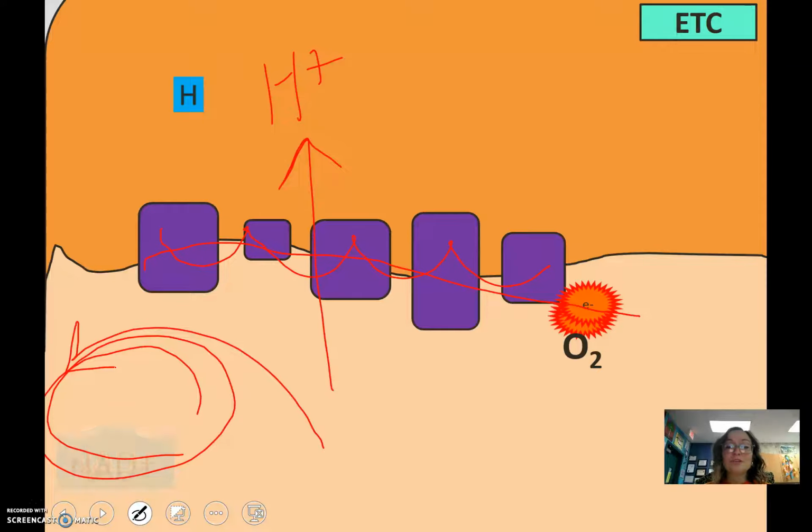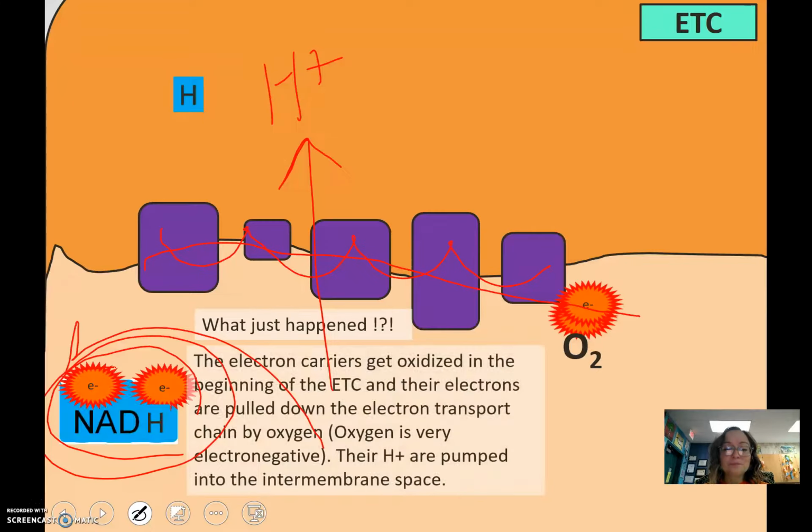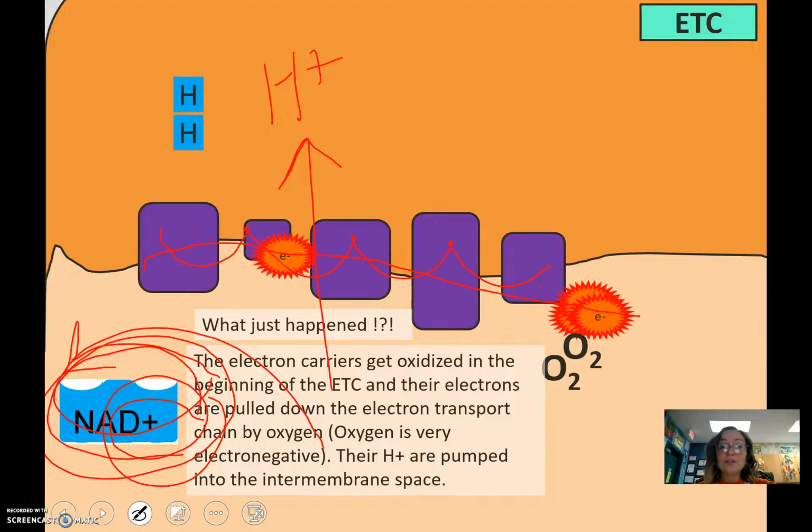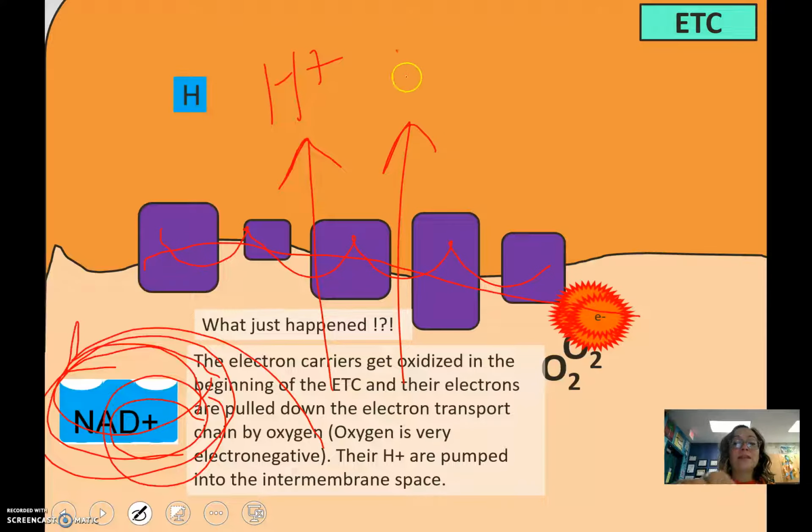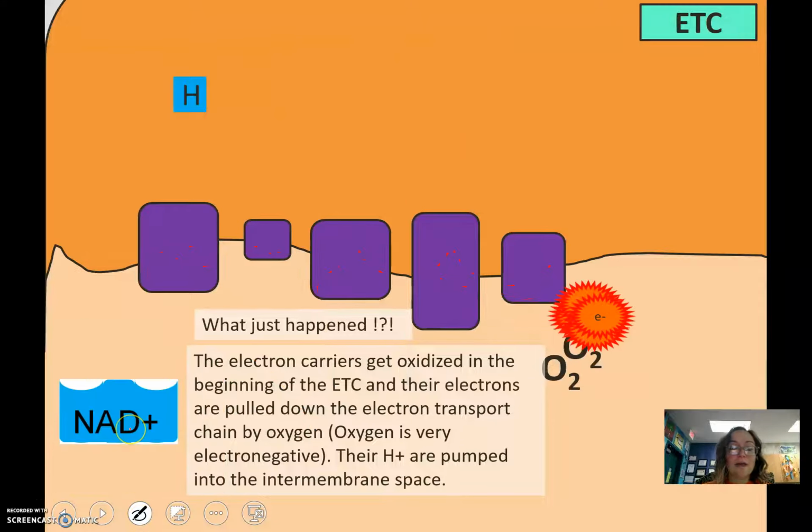It showed up as a reduced electron carrier, with the hydrogens and the electrons. And as they become oxidized, the electrons enter into the electron transport chain, pumping protons up into that intermembrane space. And so this electron carrier right here is now available to be reduced again in the other steps.